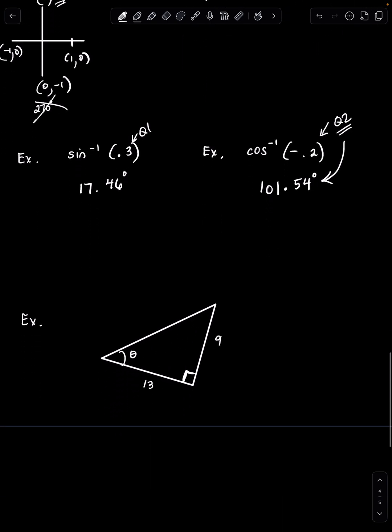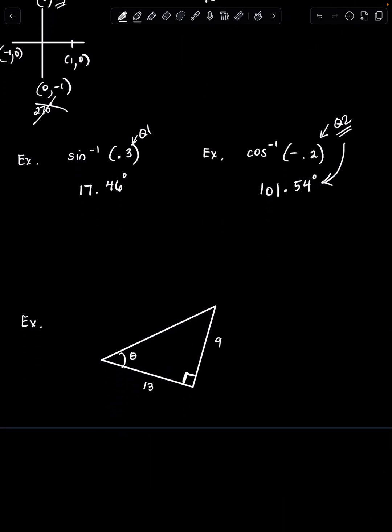And then the last example I'm going to work is they gave me a right triangle and asked me to find theta. I'm looking for an angle. That means I have to use the inverse function. Remember that. If it's asking for the inverse, it's asking for an angle. If you're looking for an angle, you have to use the inverse function.